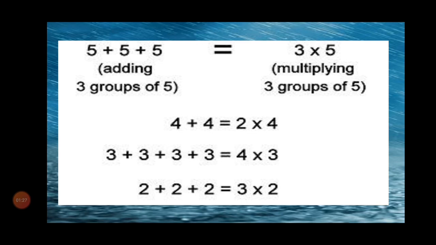So write 4 into 3, so 4 times of 3. And the next one, 2 plus 2 plus 2 is equal to, how many times of 2s are there on left? 3 times. So we write 3 into 2.